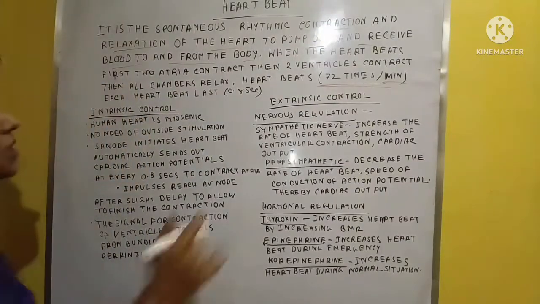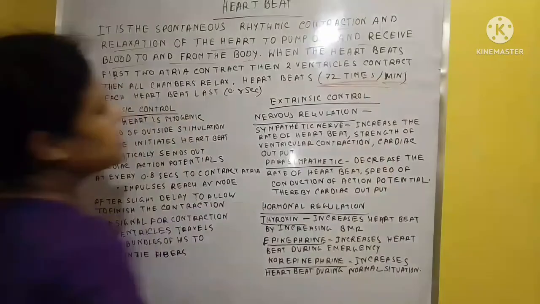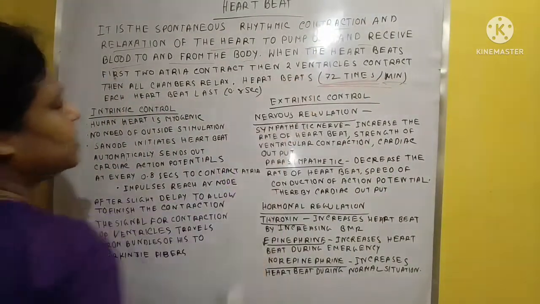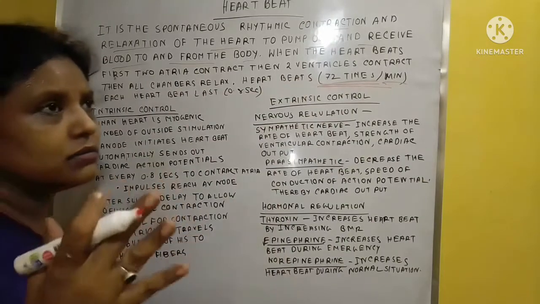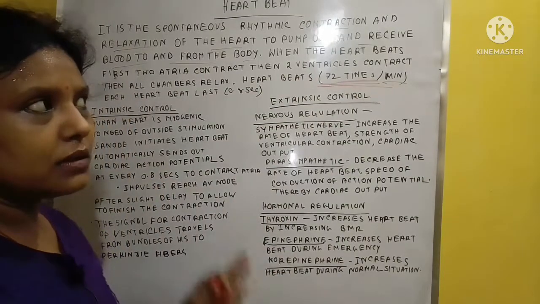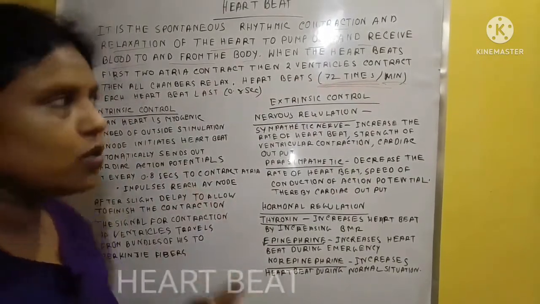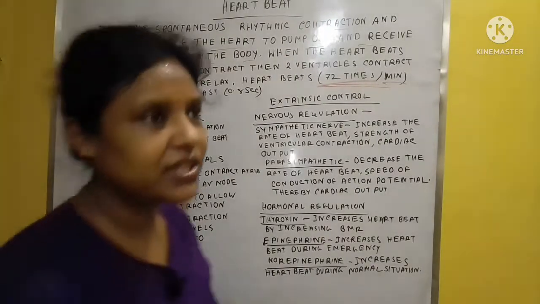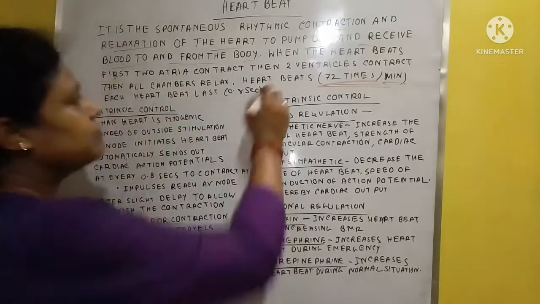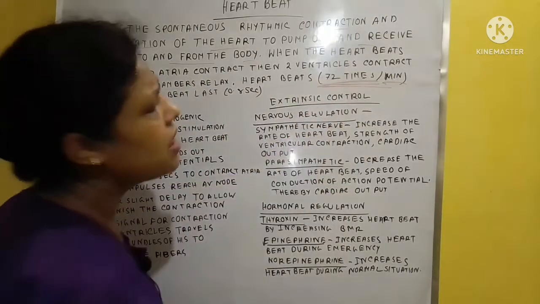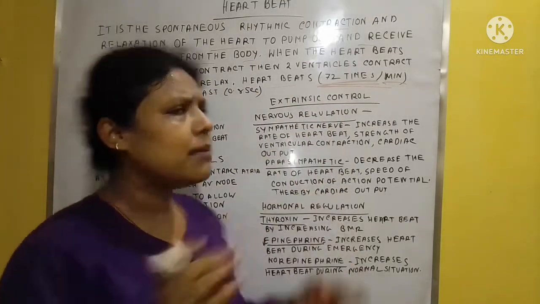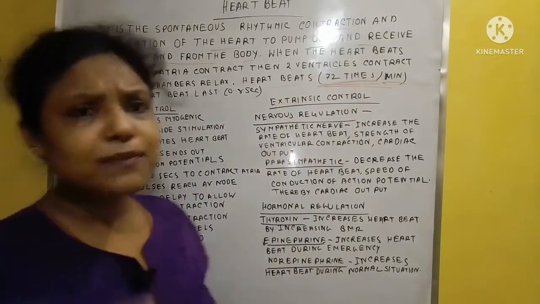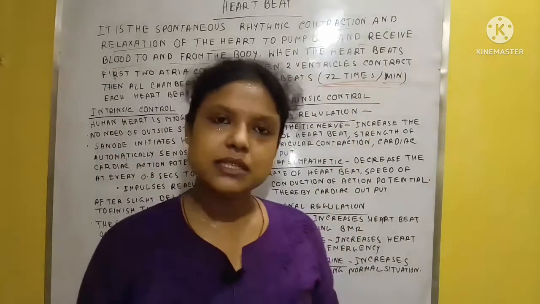But 72 times per minute is the normal situation, without any disease, defect or problem in the heart. So the heartbeat is normally 72 times per minute, but if we see a slight increase, from 72 to 80, we still consider this a normal heart.